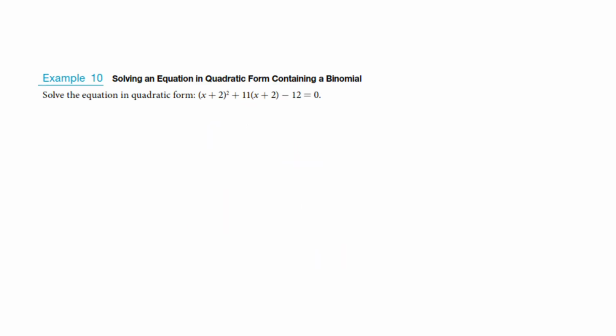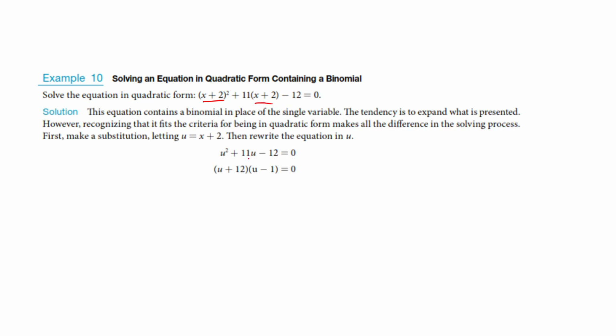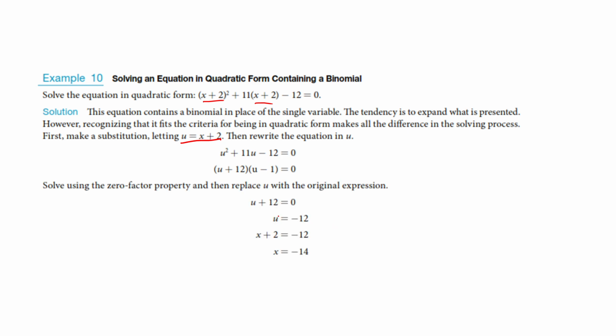Okay. Now, if you followed that last idea, what are we supposed to do with this? Let's do a substitution again. If I make u equal to x plus 2, it turns into something that I can easily handle. I can make this u squared plus 11u minus 12. We factor that down and we solve.